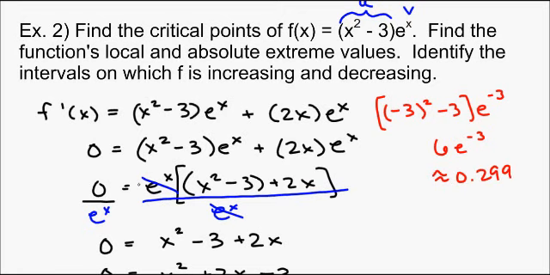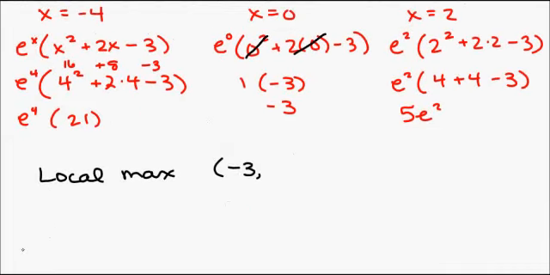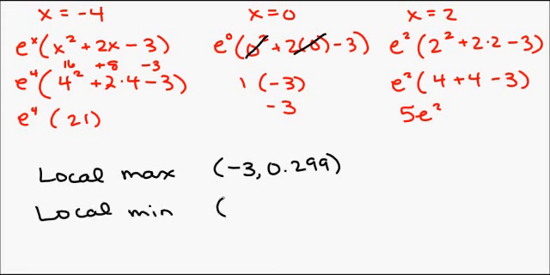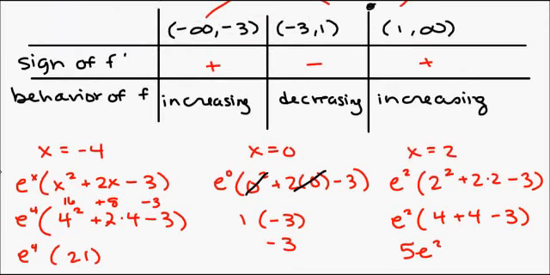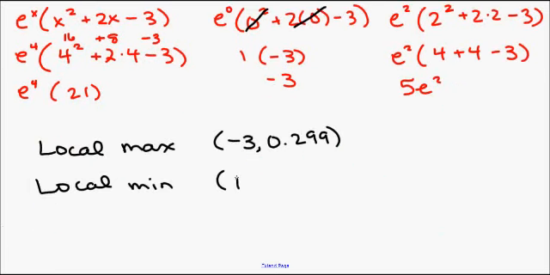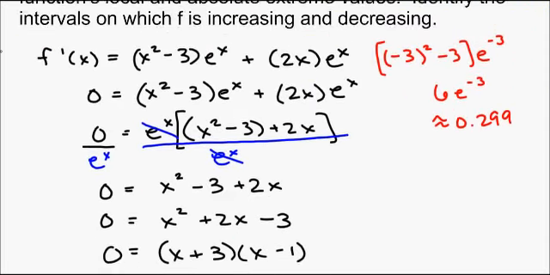And then I have a local min at 1, comma, let's see.